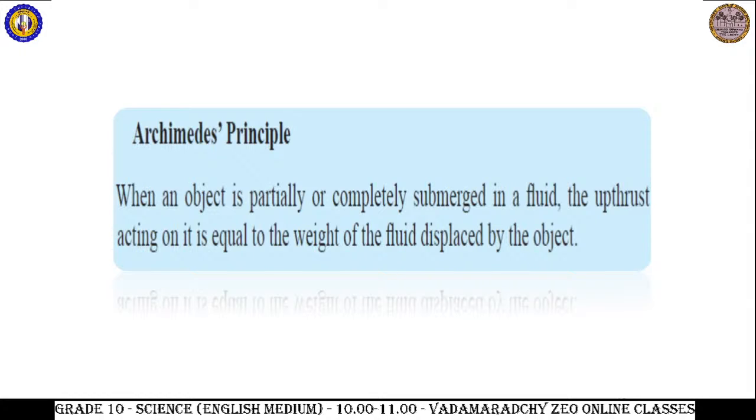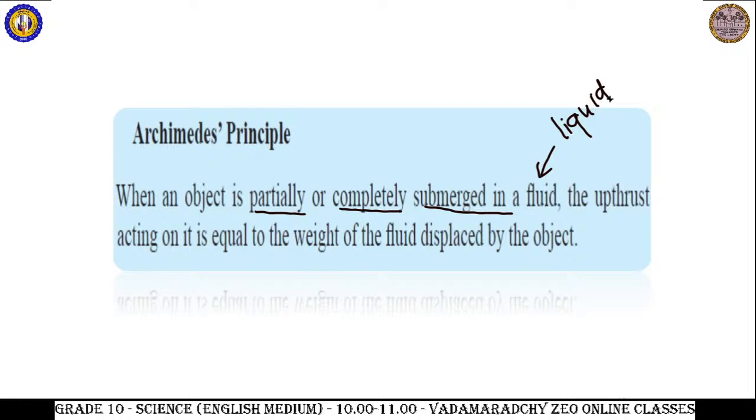When we see the principle of Archimedes, when an object is partially or completely submerged in a fluid, we know fluid is the term we can use for liquids as well as gases, as we have already studied.